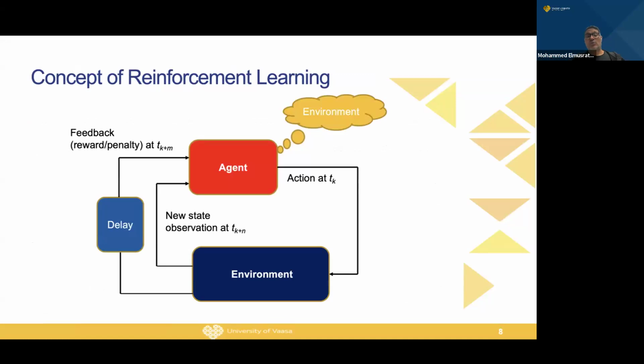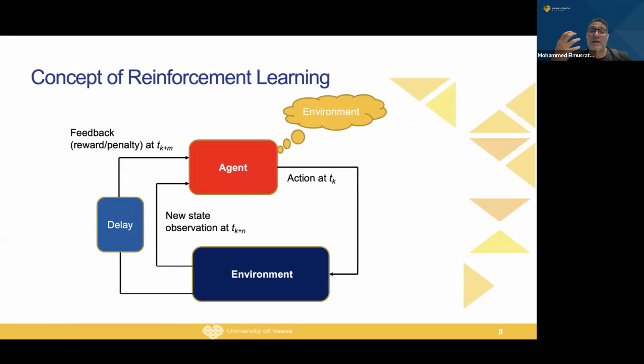Okay, so what you can see here on the slide is the concept of reinforcement learning. We have the intelligent agent, and the intelligent agent should have at least some impression, or some model, of the environment.